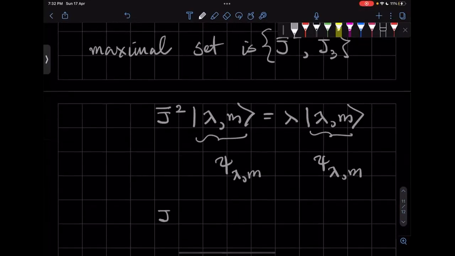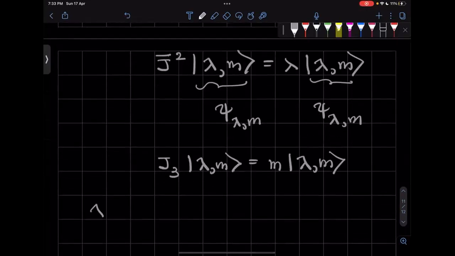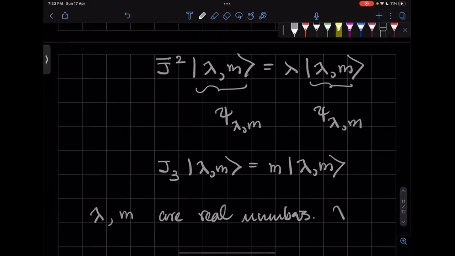And J3 acting on |lambda, m> is m times |lambda, m>. Okay. So here, both lambda and m are real numbers. All we know is that lambda is positive, but we don't know anything about m.